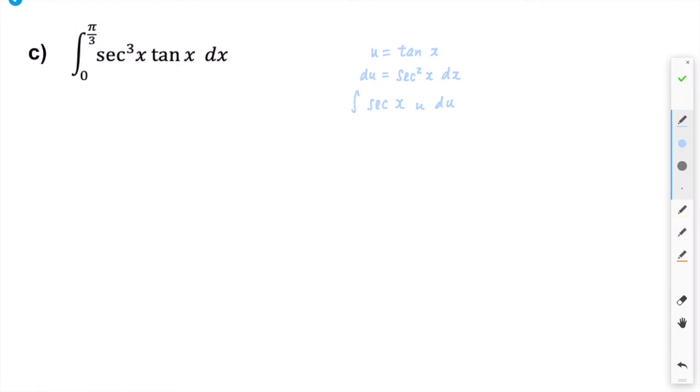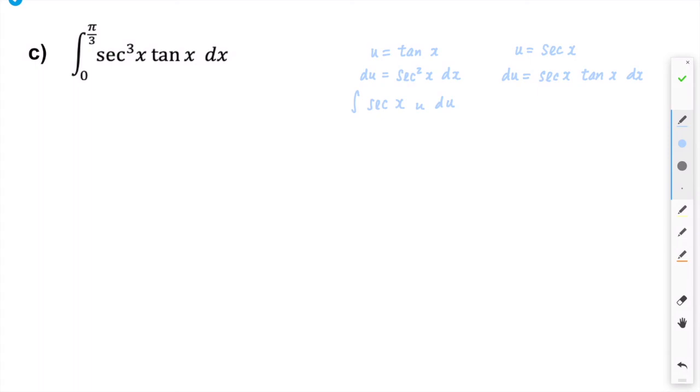Well, let's try another option. What if I let u be secant x? If you don't remember what it is, you can use your formula booklet. The derivative of secant is secant x tan x dx.